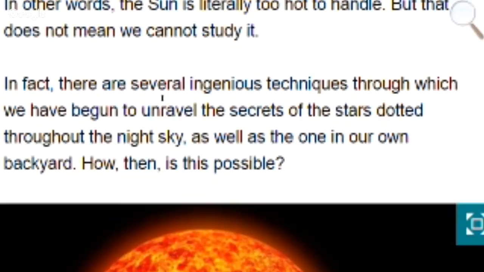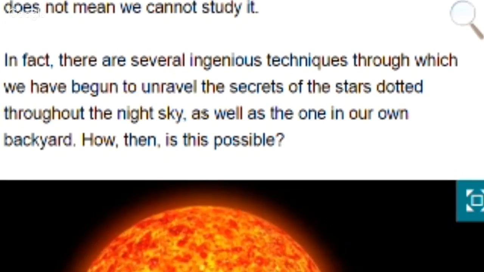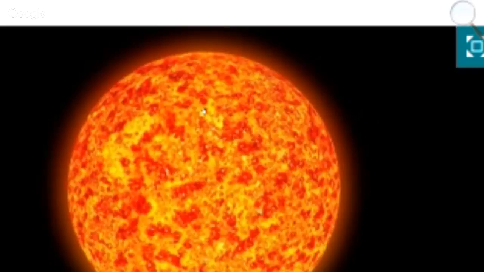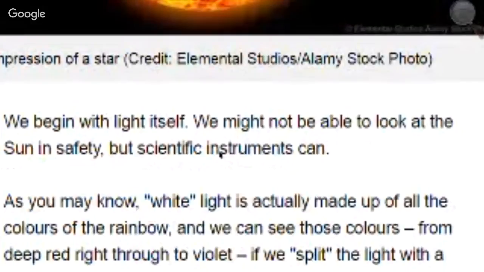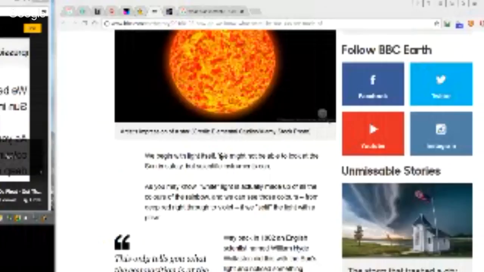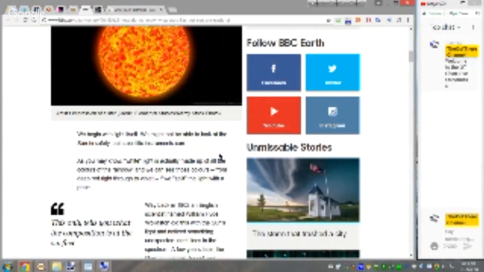In fact, there are several ingenious techniques through which we have begun to unravel the secrets of the stars dotted throughout the night sky, as well as one in our own backyard. How then is it possible? So we begin with light itself.